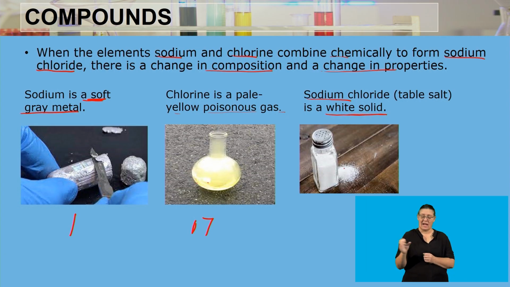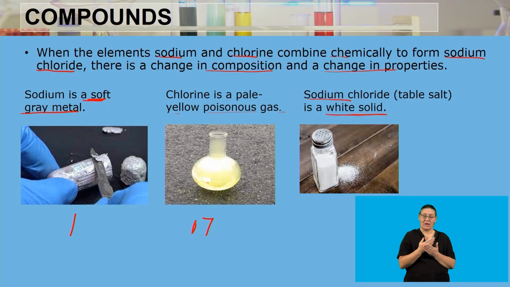So this white solid is different from the elements making it up. Remember that chlorine was a poisonous gas, but we are able to consume the compound made from that reaction, which is table salt. Sodium chloride, we know it as the table salt that you consume on a daily basis when we cook.